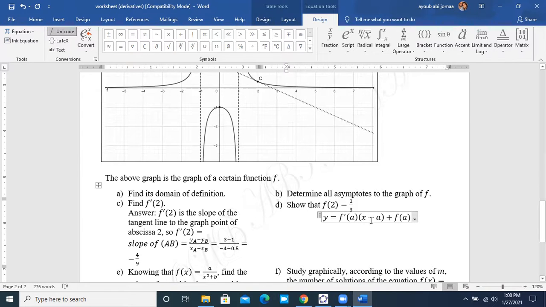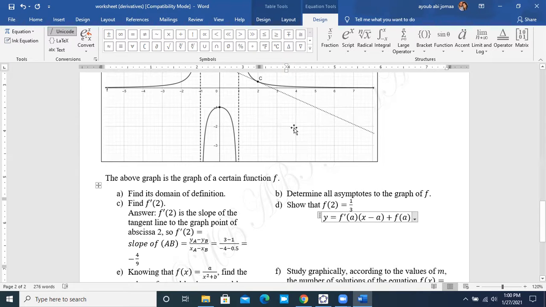Good. Here a is 2, and x is 2. Then we haven't gained anything.